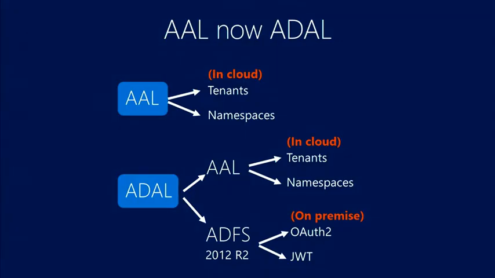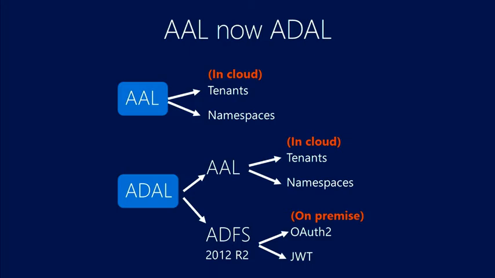So in the beginning, AAL, the Azure Authentication Library, was very much cloud-based. So it managed cloud, it managed tenants, very much cloud-specific. With the introduction of Windows Server 2012 R2, they've extended ADFS for OAuth, for JSON Web Tokens, and a few other things.